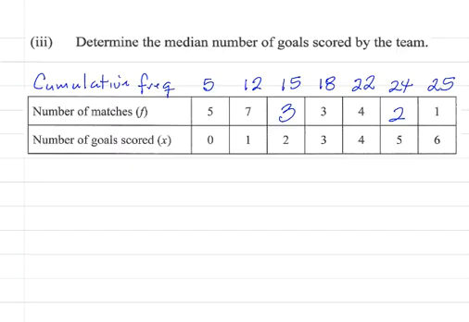Alright, why did we do this? Because we can use a formula to help us determine which of the values is the median. We have (n plus 1) over 2, which is equal to (25 plus 1) over 2, which is equal to 13.